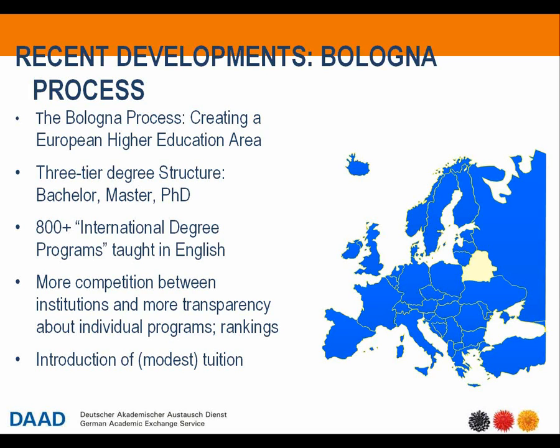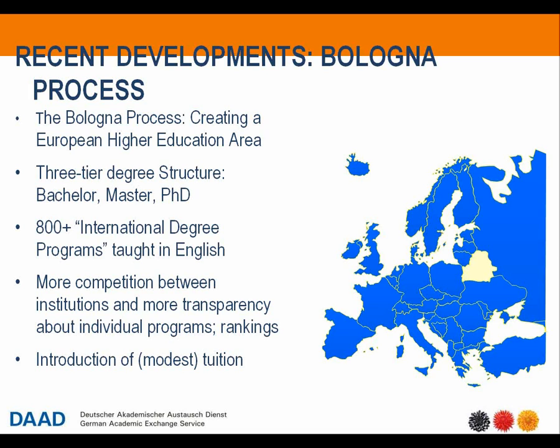What the Bologna process has done is create a unified educational system in Europe where the universities that have subscribed to this scheme are offering, much like you find in Canada and the U.S., a bachelor, a master, and a PhD. This means it's much easier for you to go to Germany and study, whether you're coming at the bachelor's level, the master's level, or in the context of a PhD. That mobility has been facilitated.